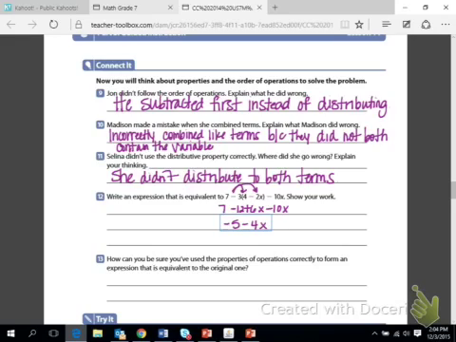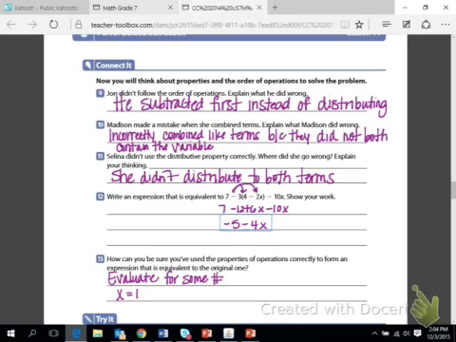Number 13 asks, how can you be sure you've used the properties of operations correctly to form an expression that is equivalent to its original one? We could evaluate it for some number. I may choose x as 1.